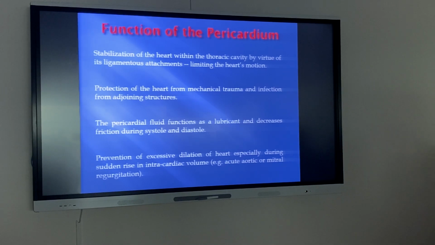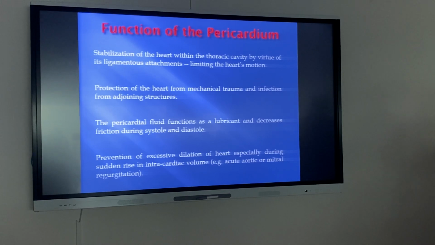But normally, if you are sitting and discussing and laughing and enjoying, you don't feel the heart pumping, right? This is also because of this. And prevention of excessive dilation of the heart, especially during a sudden rise in intracardiac volume, for example in hypertrophy or other reasons. So it does not allow the heart to expand that much. It restricts the heart to a particular size.